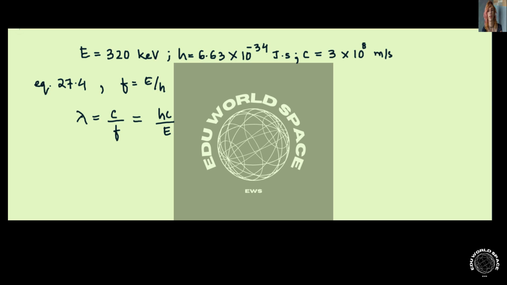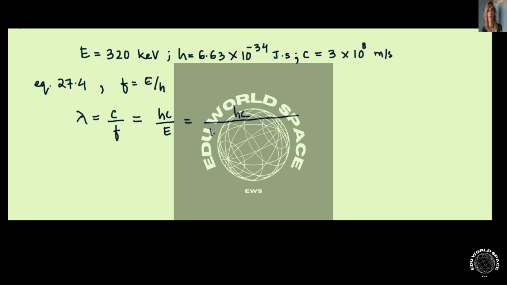Now before applying the equation, we need to convert our energy from electron volts to joules. So 1 electron volt is equal to 1.6 times 10 to the power minus 19 joules.